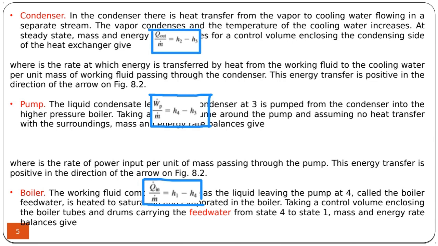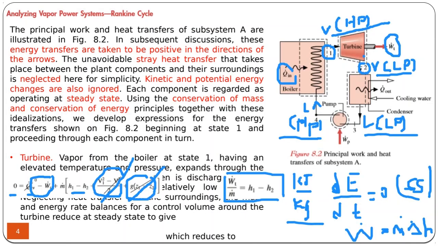So for work terms, we take Q to be 0, and for Q terms, we take work to be 0.